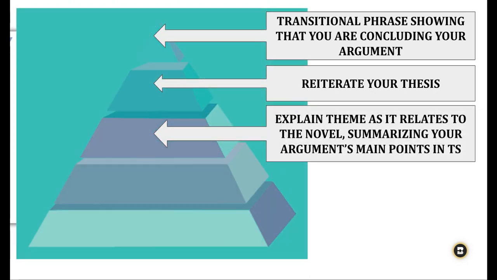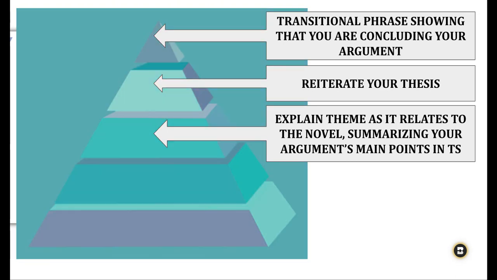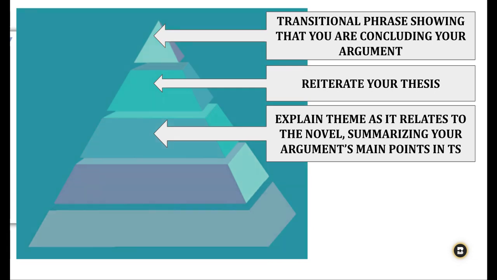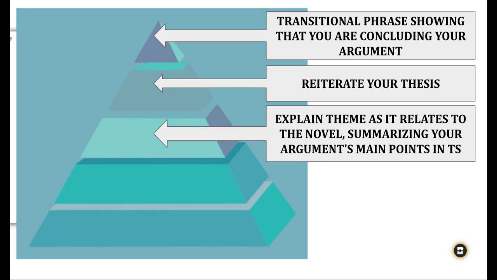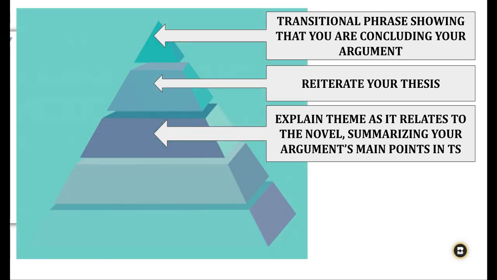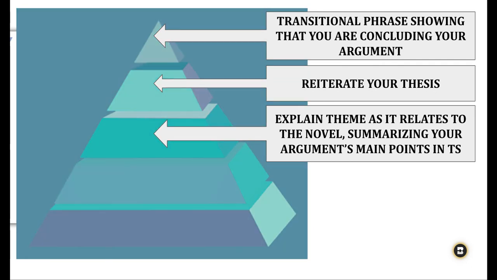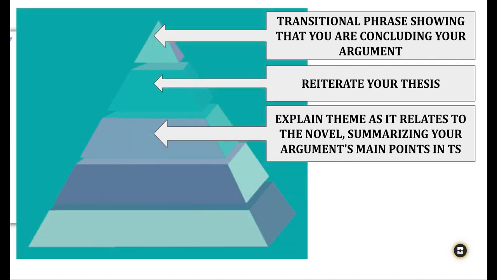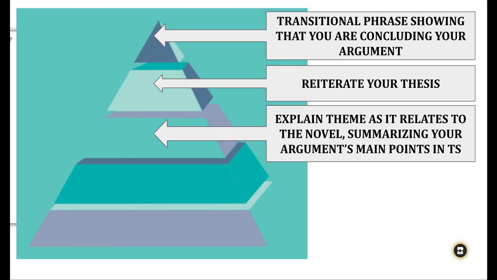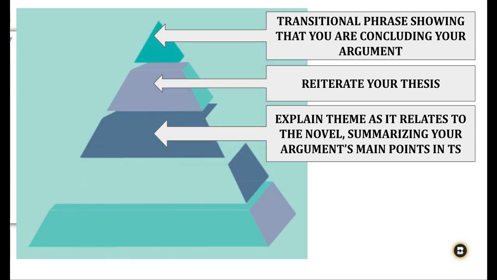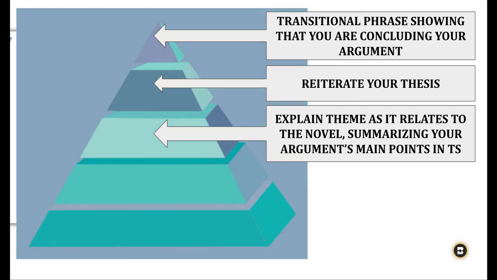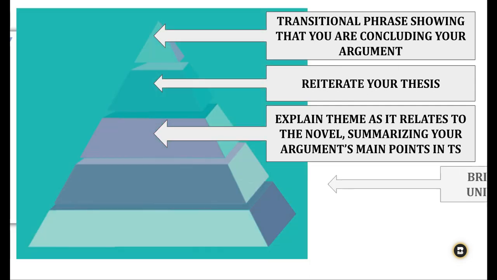And then you've got to add a little bit of commentary, not a ton. This could be maybe a sentence where you're explaining the theme as it relates to the novel, kind of summarizing the main points within your argument that you use to try to prove your thematic claim, the argument you think the author is trying to make through their artistic story.